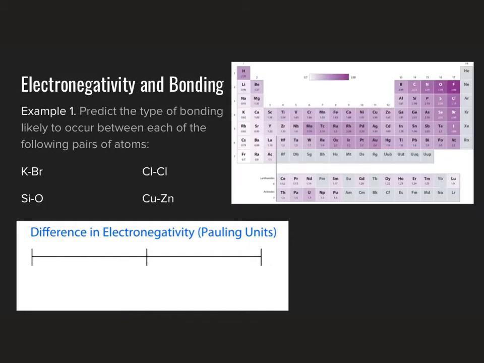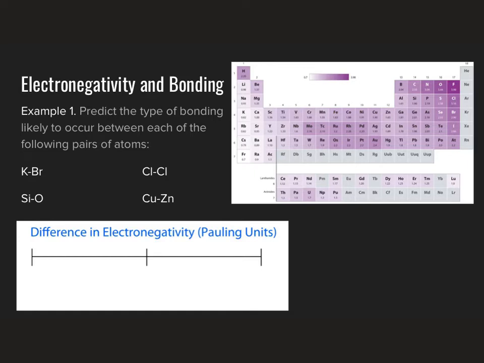So with that understanding of the relationship between electronegativity and the type of bonding we see occurring between atoms now taken care of, let's have a look at a quick example problem. In this example, we're going to predict the type of bonding that's likely to occur between each of the following pairs of atoms.